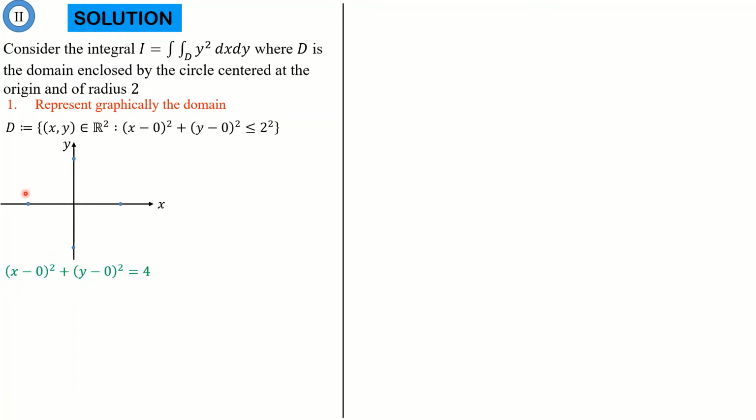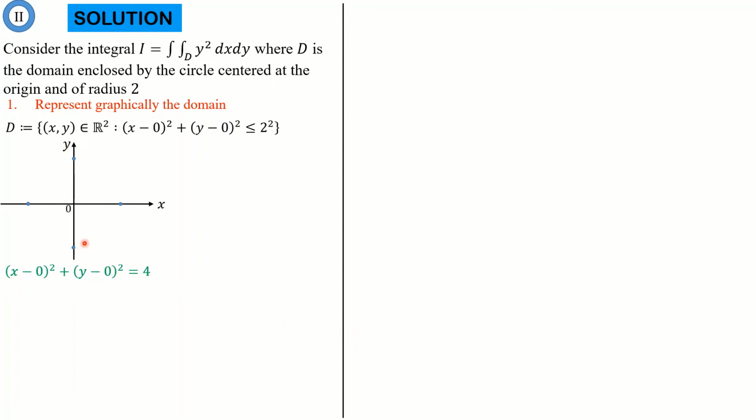So when y is 0, we just have x squared equal to 4, so x is plus or minus 2. So here is negative 2 and here is positive 2. When x is 0, this time around, y squared will be equal to 4, meaning y is plus or minus 2. So plus 2 here and minus 2 here.